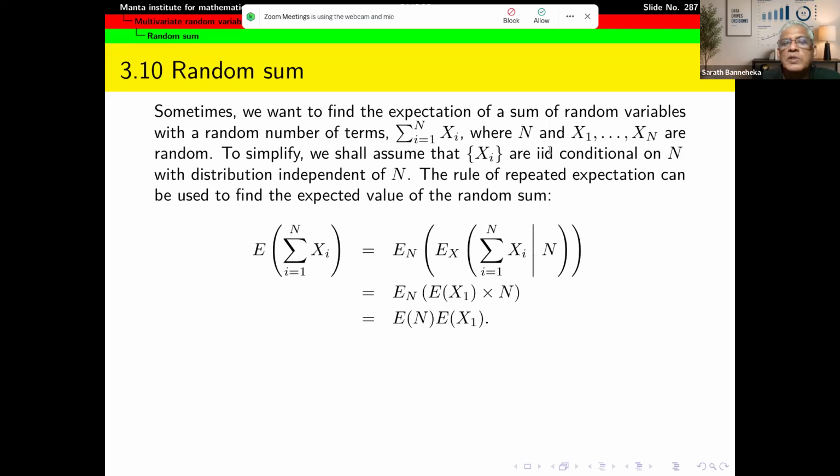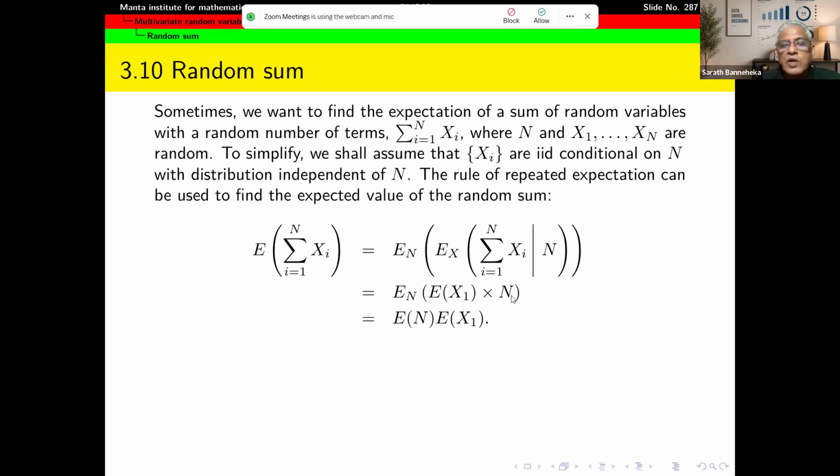Because we are assuming they are IID, each has the same expected value. You can call it expected value of X if you want, but here I have written it as expected value of X1. It will be the same as expected value of X2. So this gives you N times expected value of X1, since the same term has to be added N times.